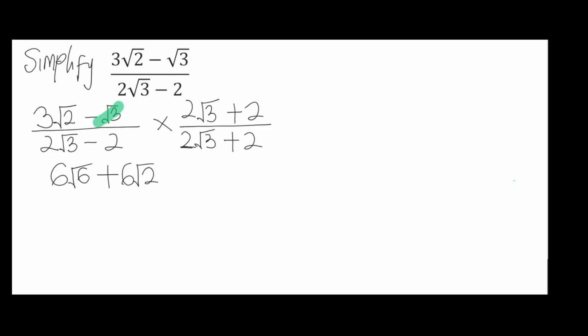So we are using negative root 3 to multiply all the terms here also. So we have negative root 3 multiplied by 2 root 3.